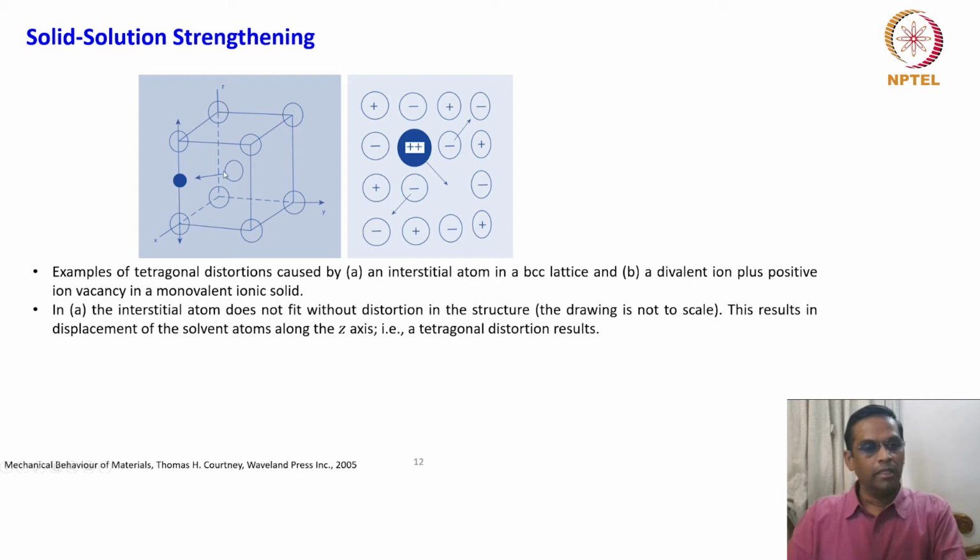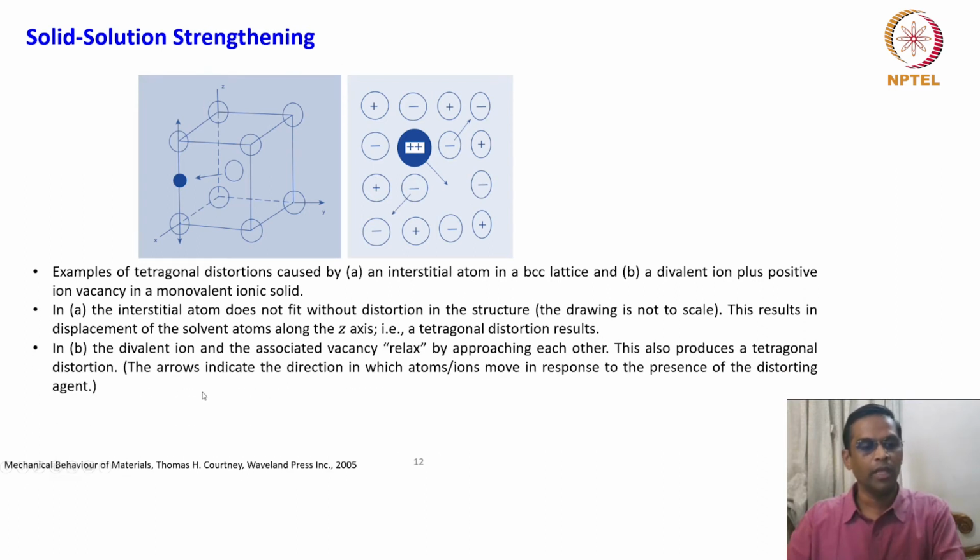So in the first one, the interstitial atom does not fit without a distortion in the structure, and this results in displacement of a solvent atom along the z-axis, that is, tetragonal distortion results. In example B, the divalent ion and the associated vacancy relax by approaching each other.